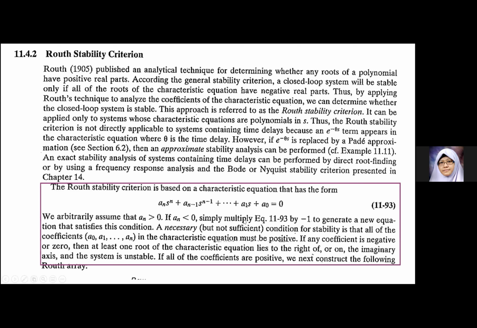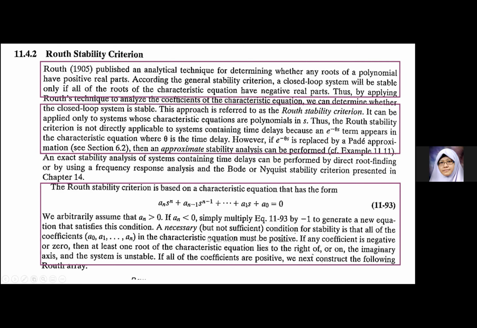First of all, you need to look at the characteristic equation. If there is anything missing or if there are any negative numbers for the coefficients of the polynomial, then it is unstable. So you don't have to go to the root array. But if everything is positive, then you need to do the root array.